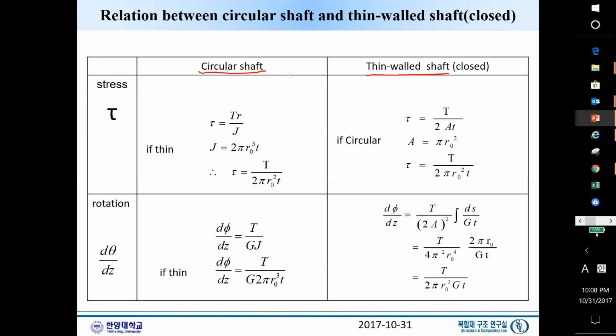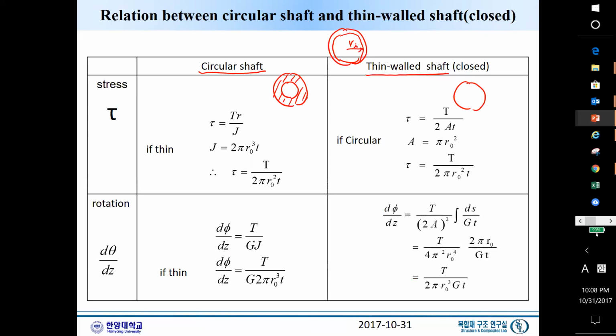Okay, this is a circular shaft on top, which we can also have as a hollow circular shaft, no problem. Now this thin wall shaft is closed. Try to look at the same shape, very thin, circular.